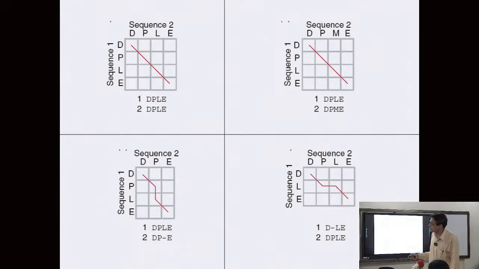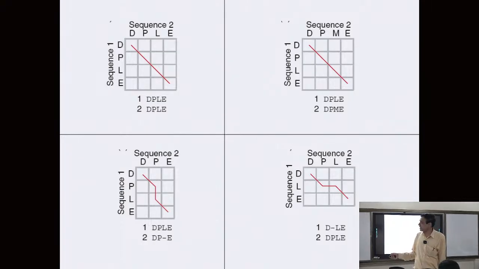But now let's consider two sequences. The first sequence is DPLE and the second sequence is DPE. And I am asking you to align DPLE with DPE. So you may be tempted to put a gap. D aligned to D, P aligned to P, but after that you do not have L here, L is missing, and then you have E and E which you want to align, right?